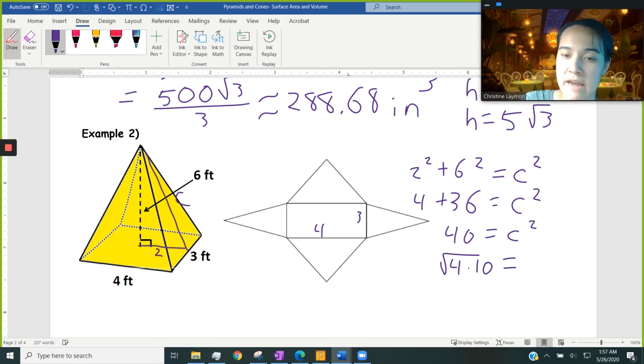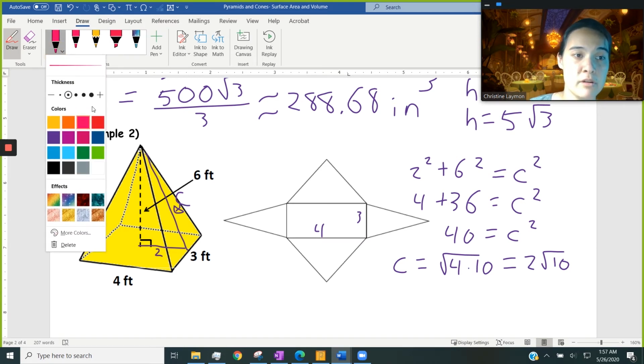So C equals 2 root 10. That's for this little portion right here. That there is 2 root 10. But we have another one. We've got to do the same thing going out this direction.